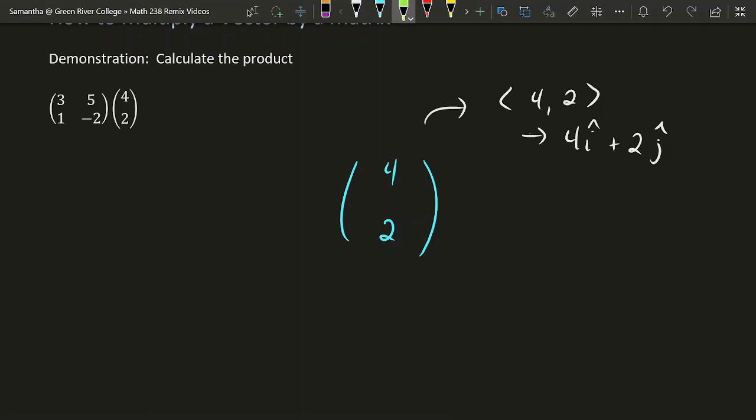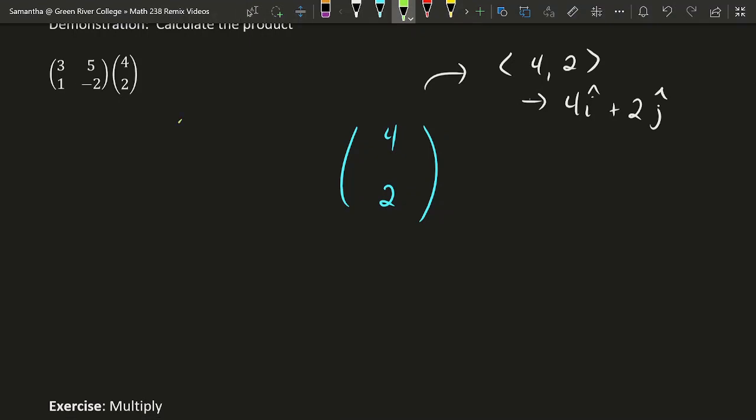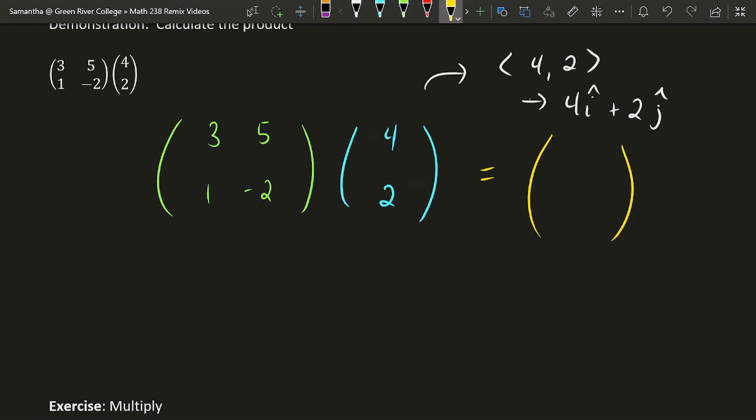And this question is asking me to take that vector and multiply it by the matrix 3, 5, 1, minus 2. Now the result of this calculation is going to be another vector, another two-dimensional vector.